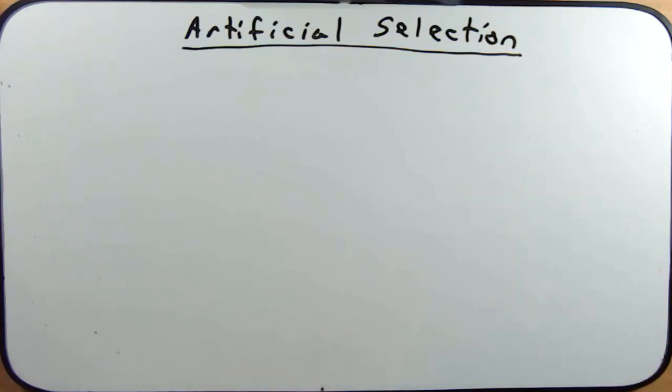Let's begin with a definition of artificial selection. It is the deliberate manipulation by humans of the genetic composition of a population by allowing only individuals with desirable traits to reproduce.